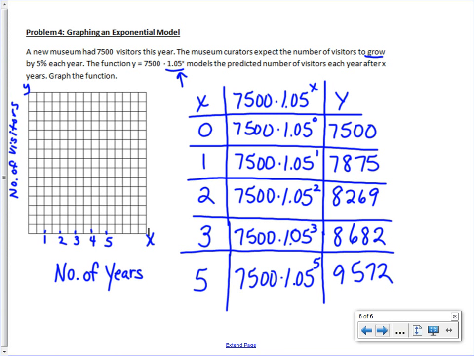I didn't give myself very much room here to write. You should have room in your margin to write. We're going to start at 7,500, so we may very well use a break in our graph here. And so I'm going to start at 7,000. And because of my lack of room, I'm just going to show 7. So in my title, number of visitors, I'm going to put in thousands.